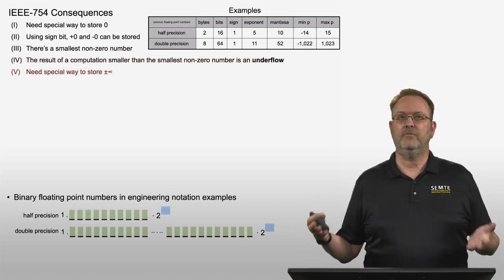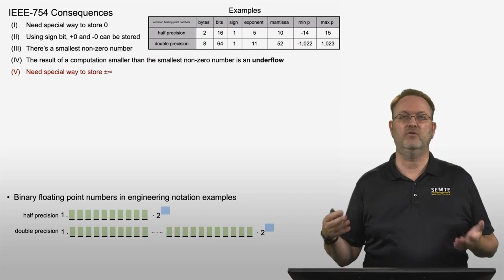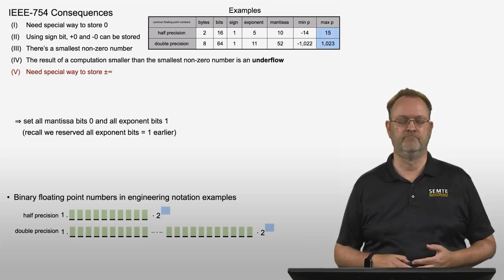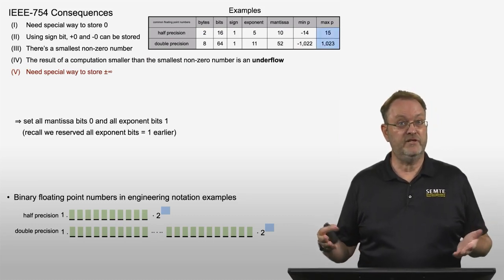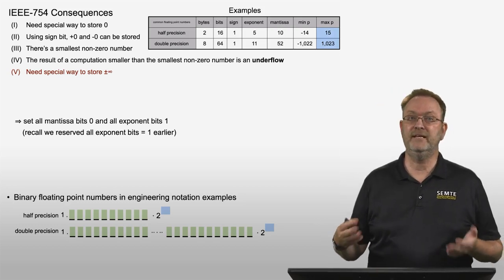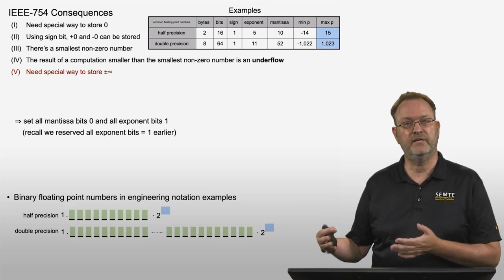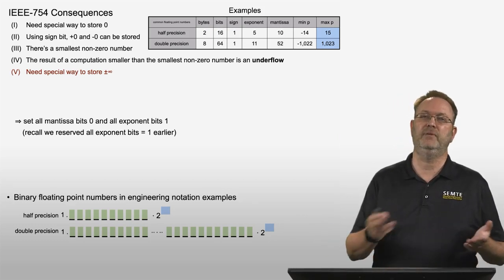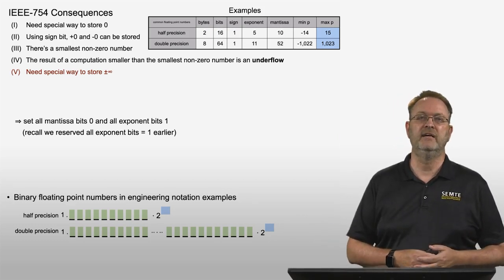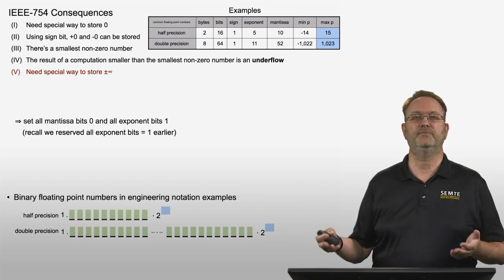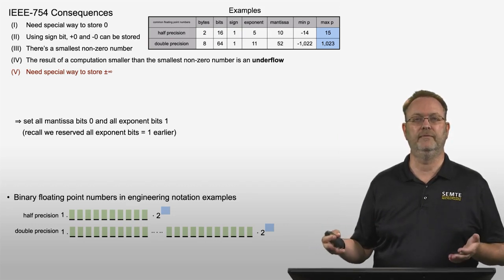Okay, next. We need a special way to store plus or minus infinity. And that is done in the definition by setting all mantissa bits to 0 and all exponent bits to 1. And recall that before, when we talked about the bias, we reserved all exponent bits equal to 1.